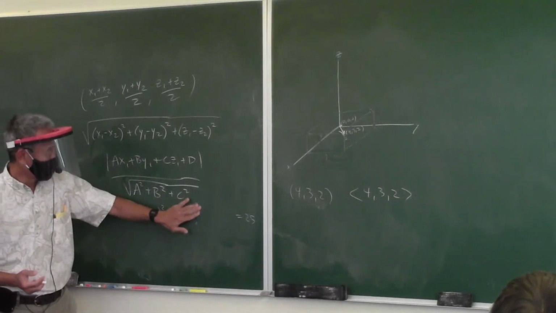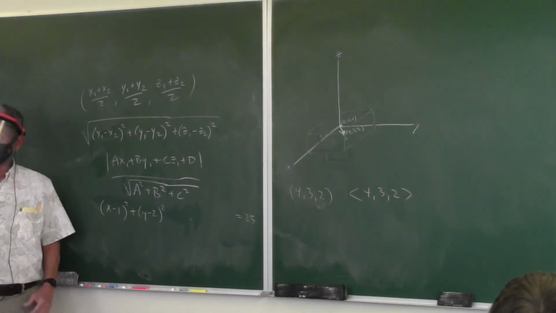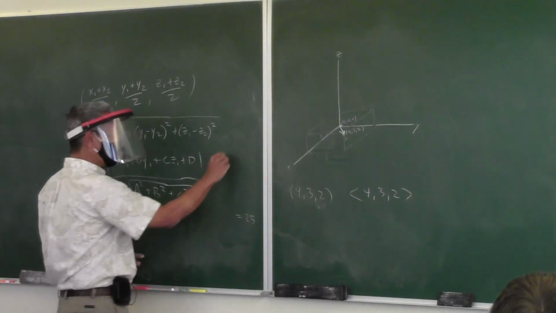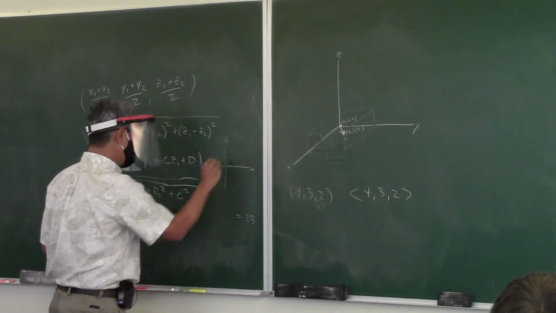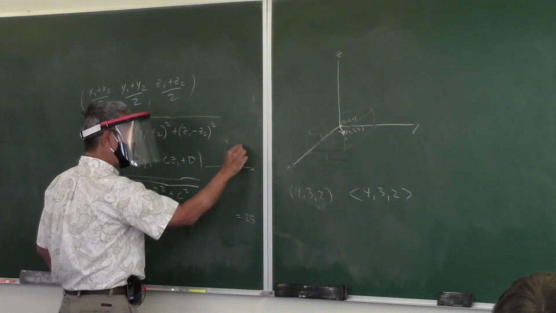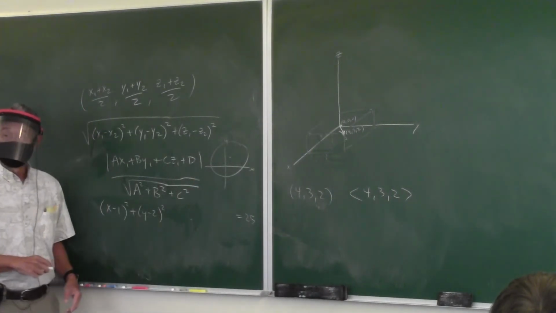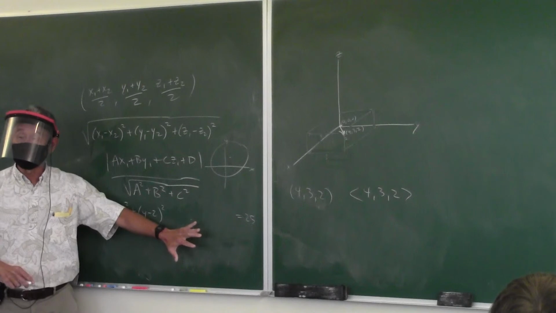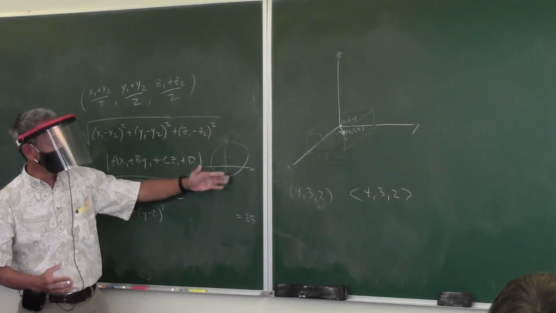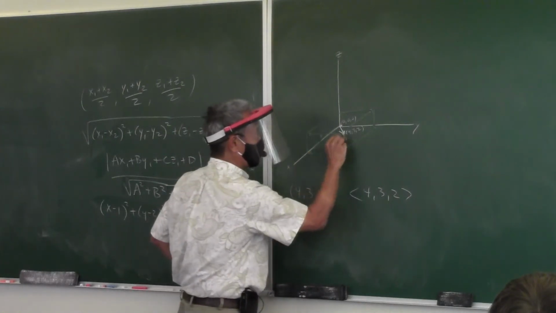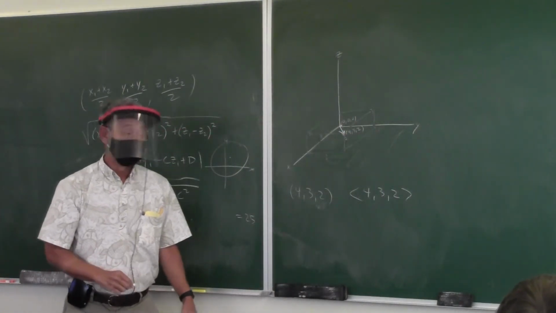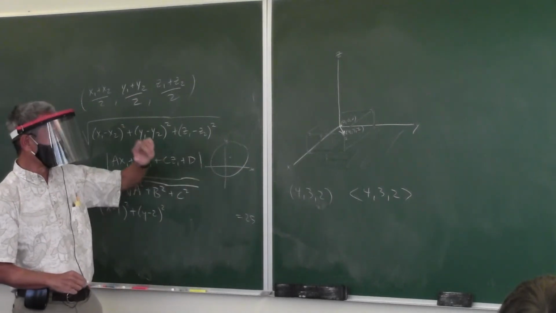Okay, but if I take this away, what is the graph of that in 3 dimensions? Well, think about 2 dimensions first. In 2 dimensions, this is a circle, center at 1, 2, radius 5, right? But see, there's no z in this equation, so z can be anything. If you are in the xy plane, isn't the z coordinate 0? Okay, so what if the z coordinate was 1?